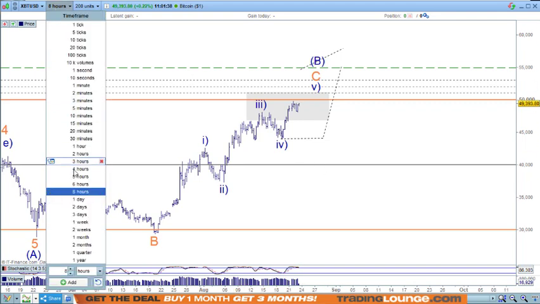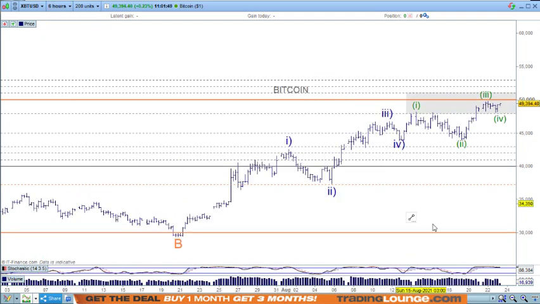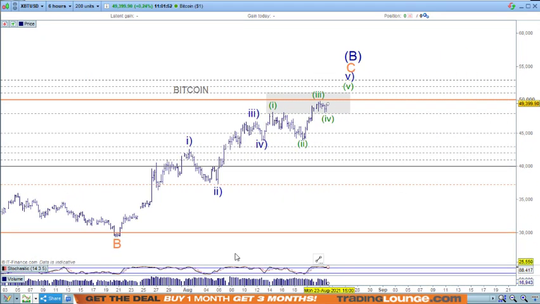Let's just move in and look at the count for this bearish count. I'm calling it the bearish count because once wave B is done, we'll be looking for wave C to move lower. I try to look for different ways to count things and see if they could actually fit.